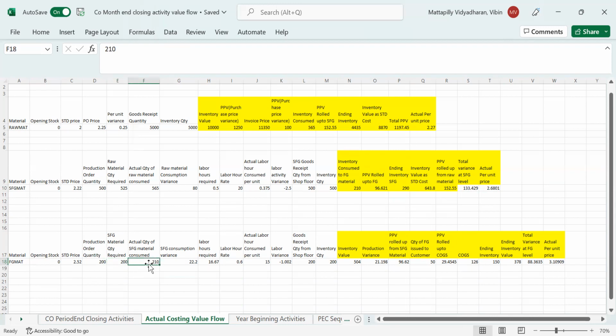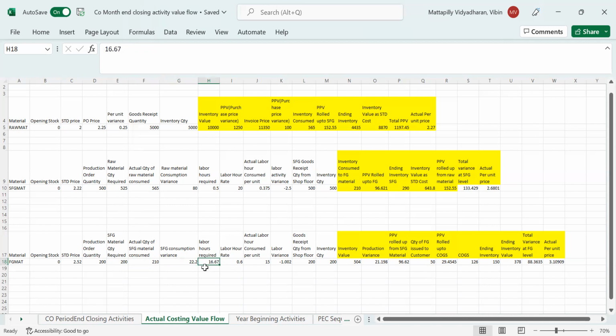Actual quantity of SFG material consumed at the time of production is 210. That means 10 additional quantities being consumed. So what is the SFG consumption variance? These 10 additional quantities being consumed, 10 into per unit price of SFG, 2.22. So 10 into 2.22, 22.2.